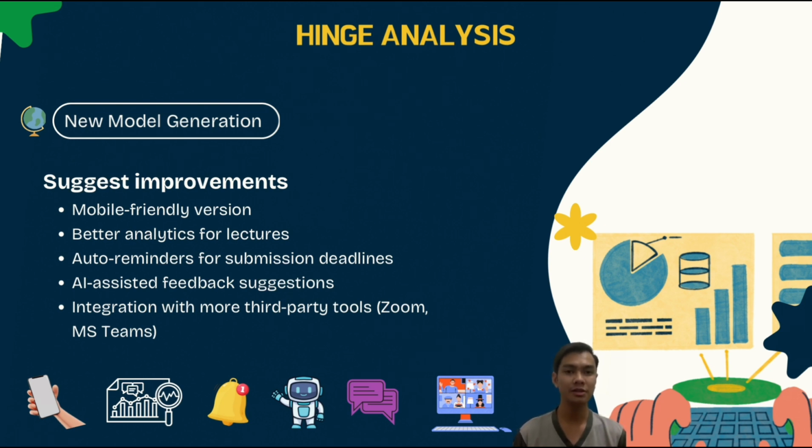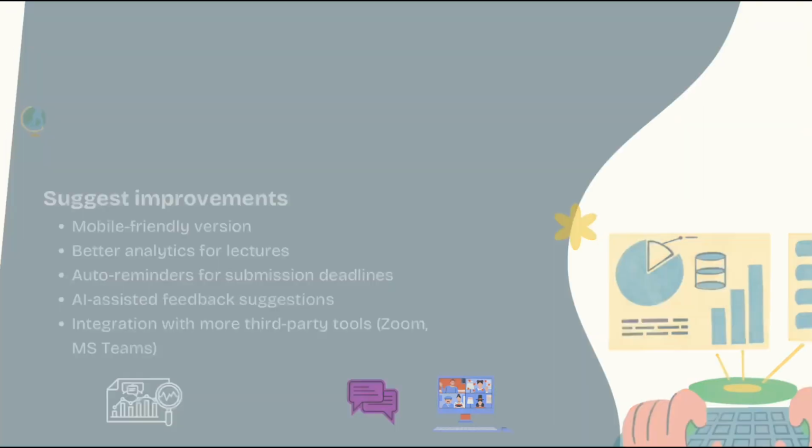Fourth, we can consider using AI-assisted feedback suggestions. With the help of artificial intelligence, lecturers could receive suggested comments or feedback based on common student mistakes or learning gaps. This will save lecturers time and ensure that students receive more detailed and consistent feedback on their work.